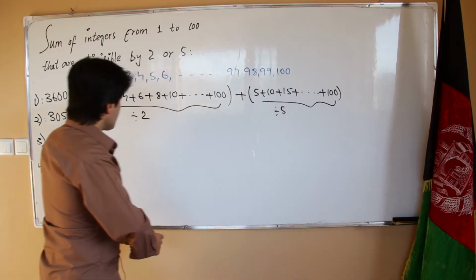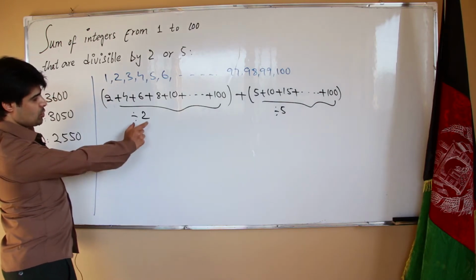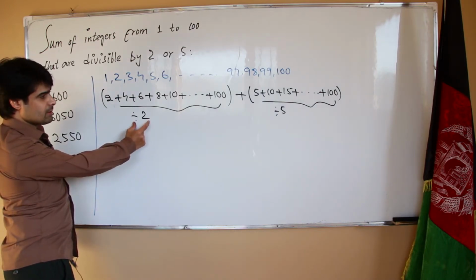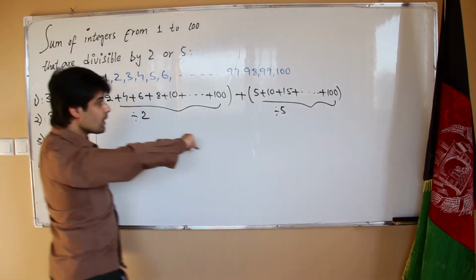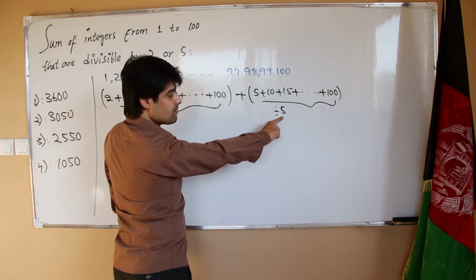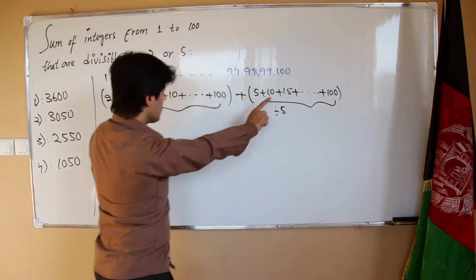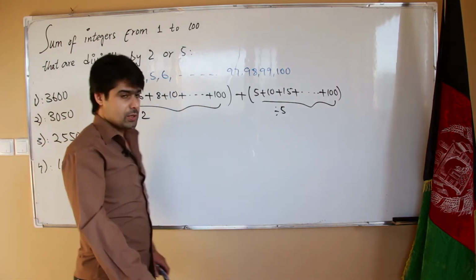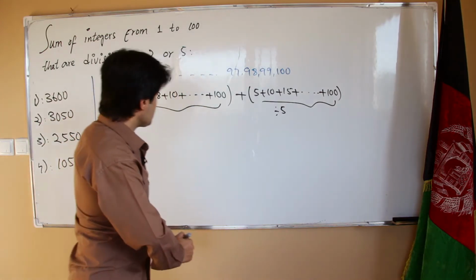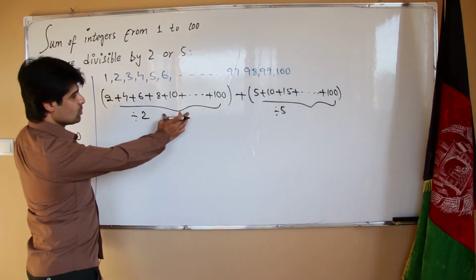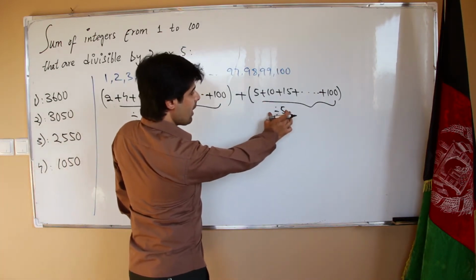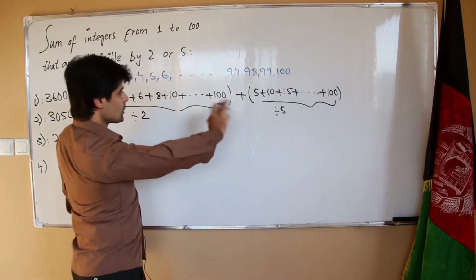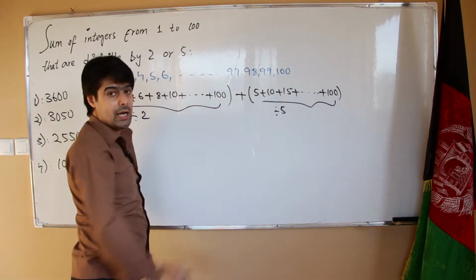But we have some numbers which I considered to be divisible by 2 and also considered as divisible by 10. Those are 10, 20, 30. It means the LCM of 2 and 5, they are the numbers which are written twice.